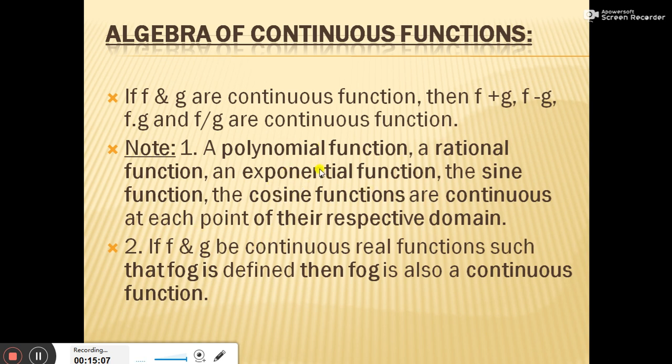Polynomial, rational, exponential, sine and cosine functions are continuous functions. And if f and g are continuous real functions such that f of g is defined, then their composite function f of g is also a continuous function.